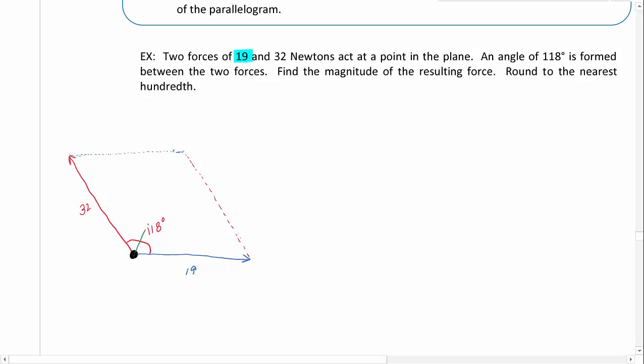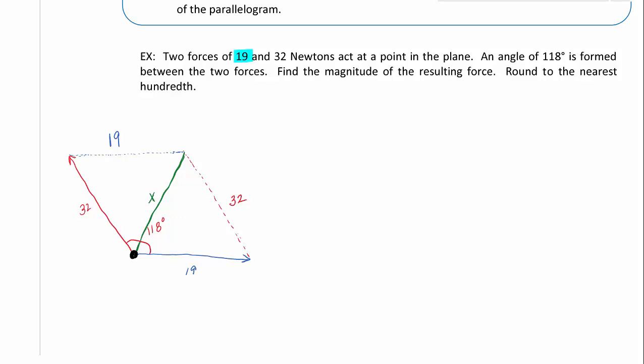So what we're looking for is this right here. Opposite sides are equal in a parallelogram. So this one's 19, this one's going to be 32. We also know from our second property, the fact that we just reviewed, that adjacent angles in a parallelogram are supplementary.